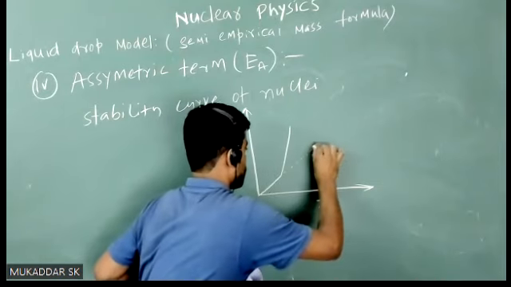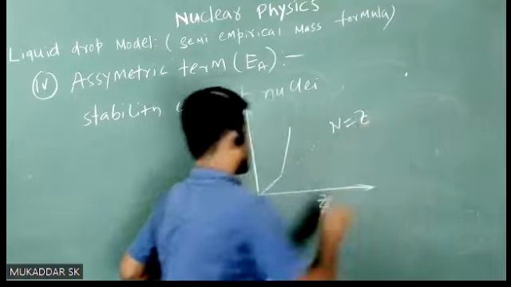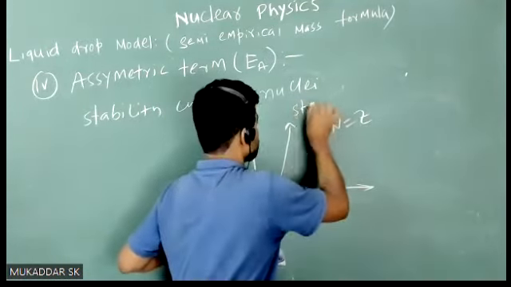This is your N equals Z line, and the solid line is actually the stability curve.